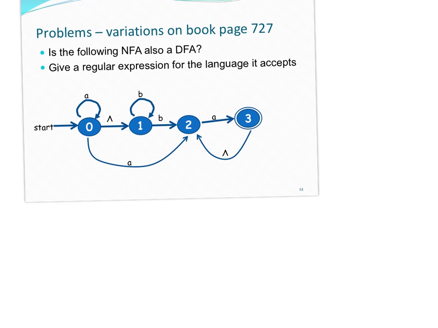At least part of the regular expression for this is going to be A star followed by B star followed by a B and an A. That's definitely in there. We can also get to state 3 by taking this jump. So we skip the first part, so we just have one A followed by an A. So we have A's in our language.